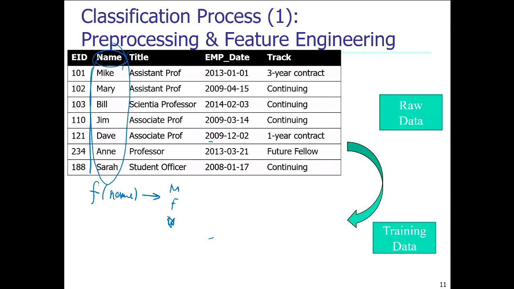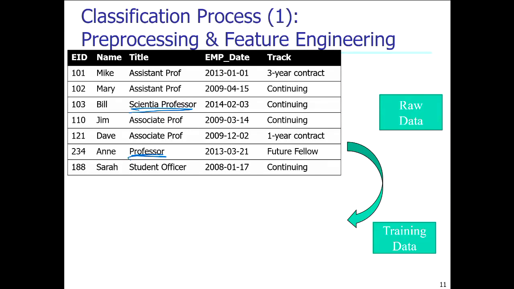So the same thing can be said about title. You can see that even for the professor, you have professor and the science professor. That's unique in UNSW. And I reckon different universities might have different titles. But here we can take these titles as if they are categorical attributes.